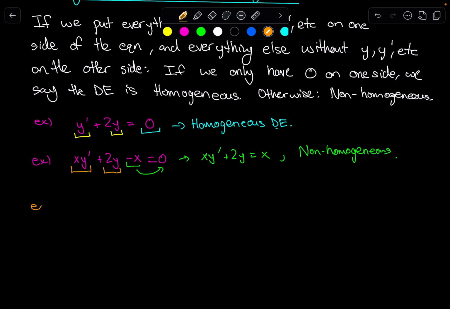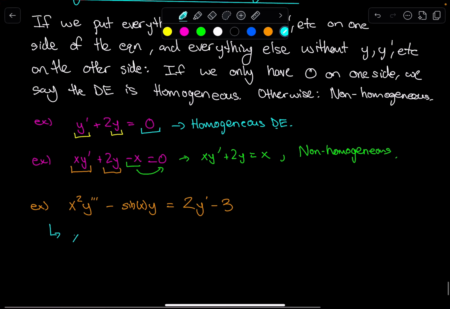So at their most convoluted and complicated, maybe we have something that looks like x squared y triple prime minus sine of xy is equal to 2y prime minus 3. And so again, the strategy is to put everything with y on one side and everything without y on the other side. So if I write this as x squared y triple prime, I'm going to move this 2y prime to the other side as a minus 2y prime.